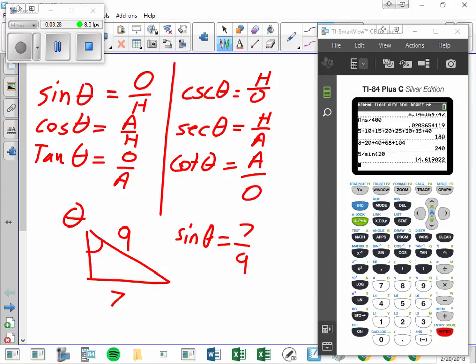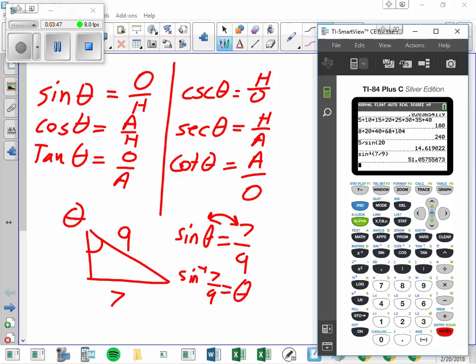Take the inverse. Good job. Sine inverse allows me to switch those. Sine inverse of 7 over 9 equals theta. Where do I find the sine inverse button? Second sine of 7 divided by 9, and I get 51 degrees. Okay, did everybody remember that? All right.